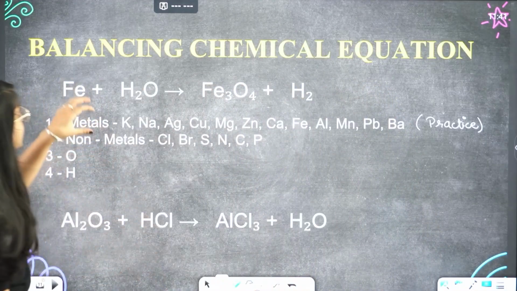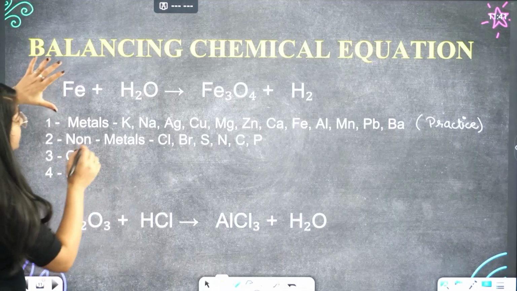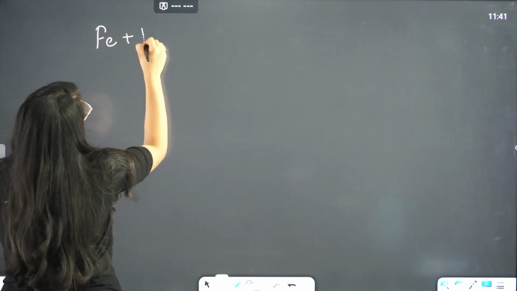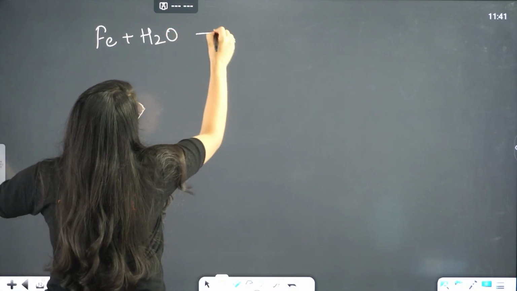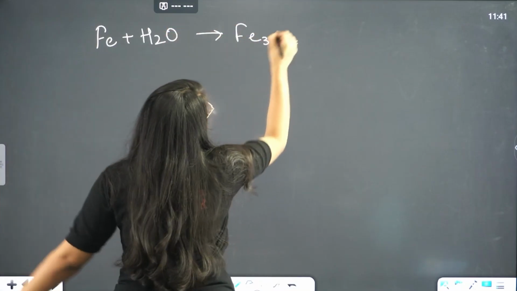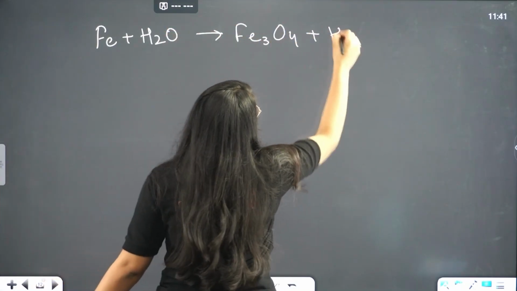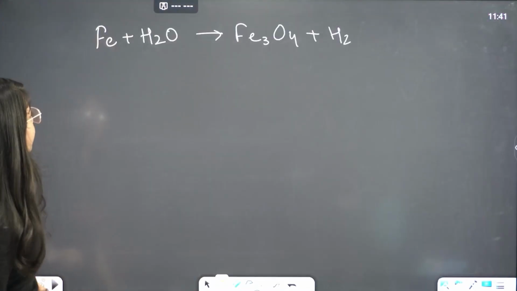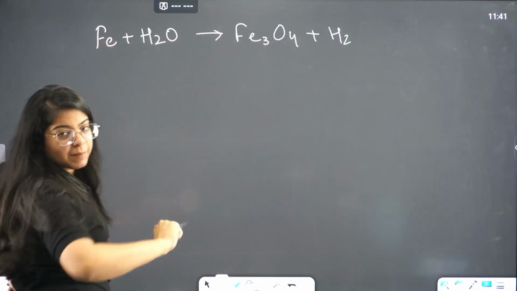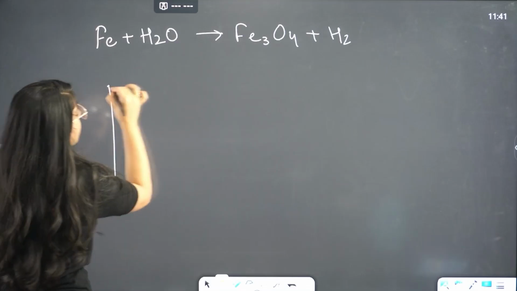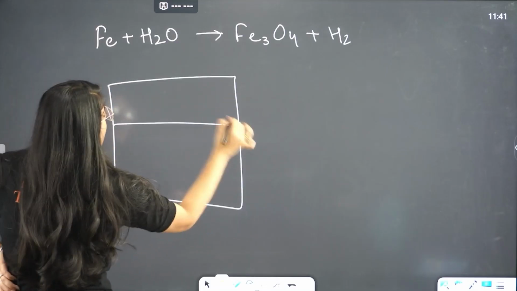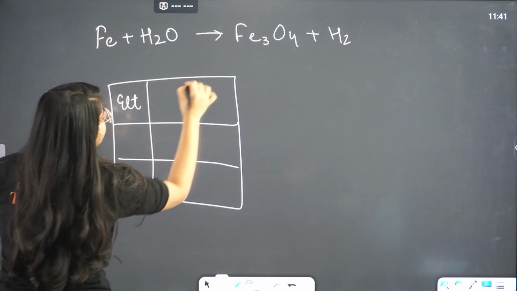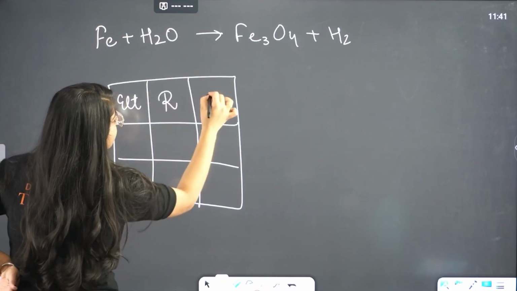Now here is iron. The number of atoms in iron is what? Let me just write it again. Okay, iron plus H2O gives Fe3O4 plus hydrogen. This is the equation, correct? Now what you have to do, you make a simple table, and in that table you write element, and this is the reactant side, this is the product side.